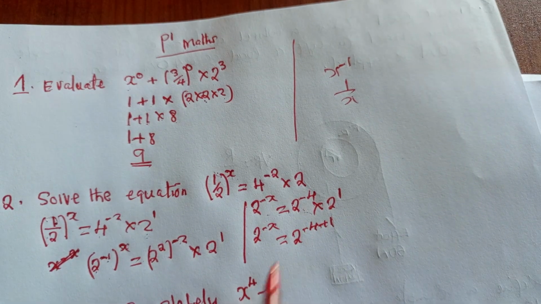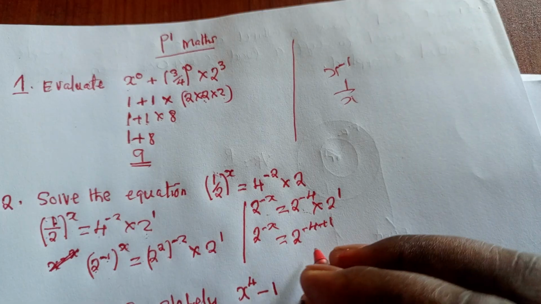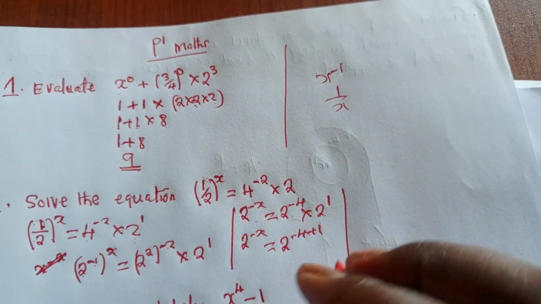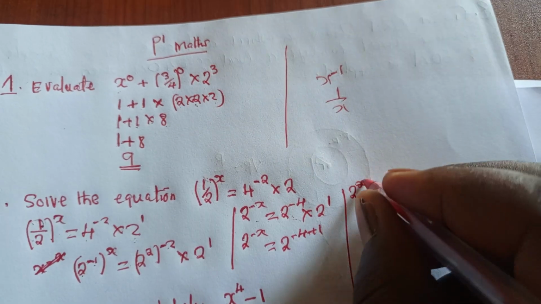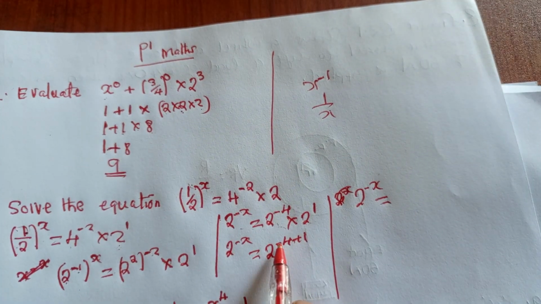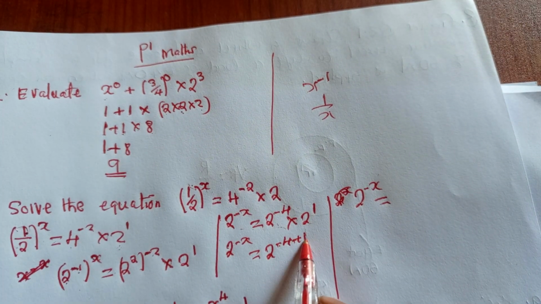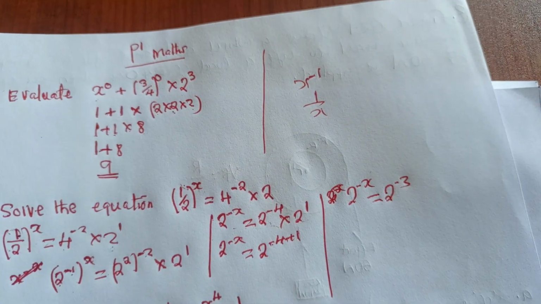So I'll add the powers there. Negative 4 plus 1, the answer is 2 to the power negative 3.